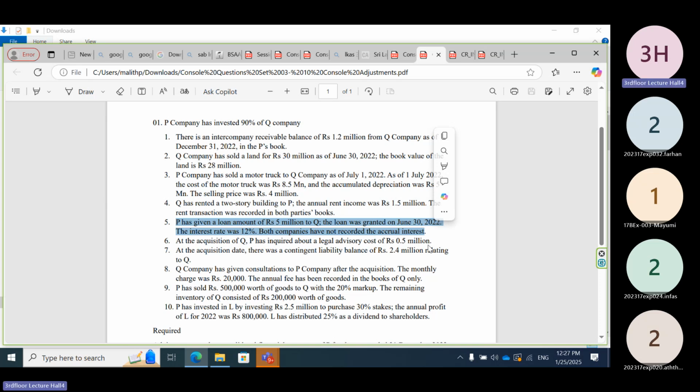So then, consolidated earnings. This account should be debit 1, credit 1. Debit 1, credit 1.